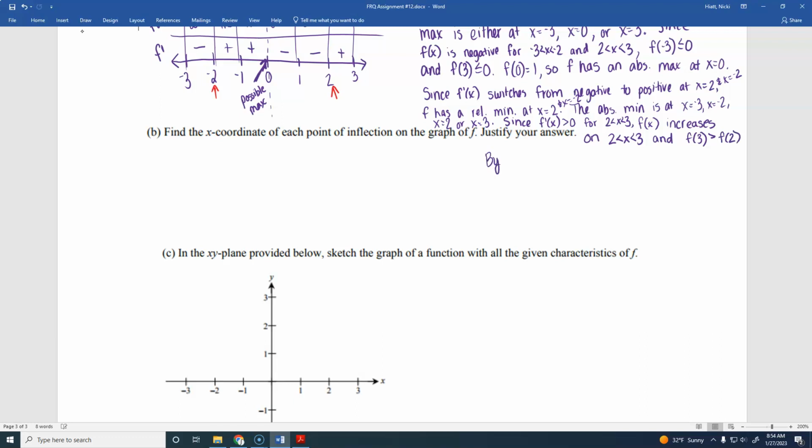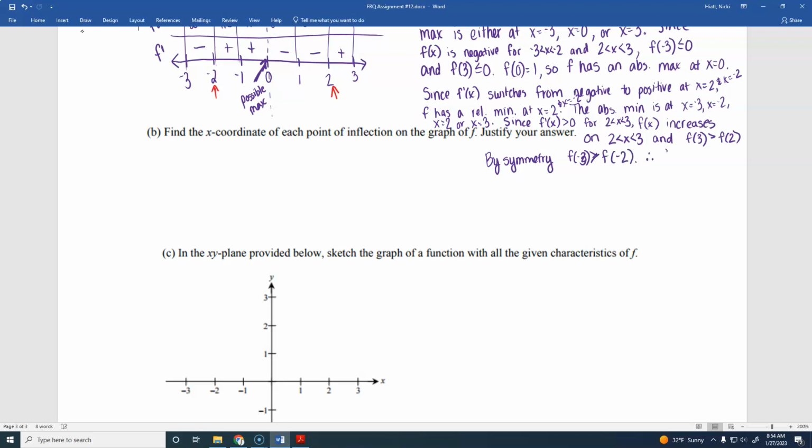By symmetry, we would also say f of -3 is greater than f of -2.